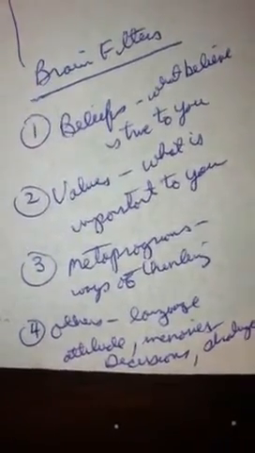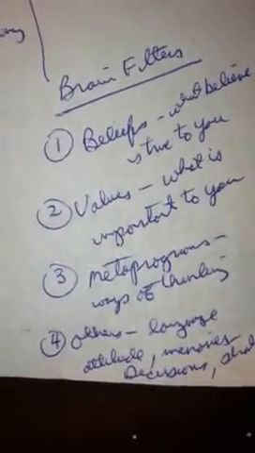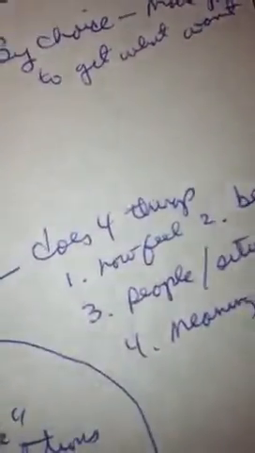So what you think is reality is your own filtered version of reality, because it goes through all these numerous brain filters. Finally, we want to talk about what your brain does with your internal map of reality. It does four things.